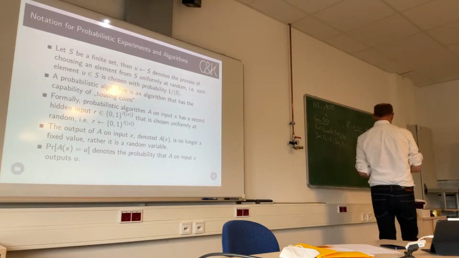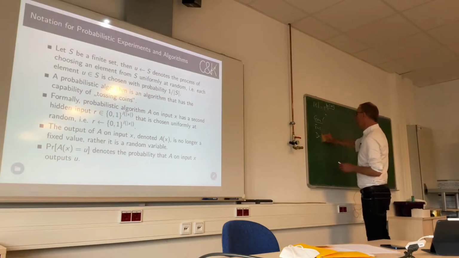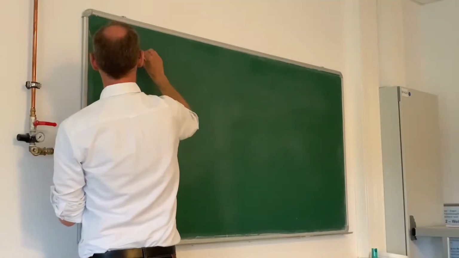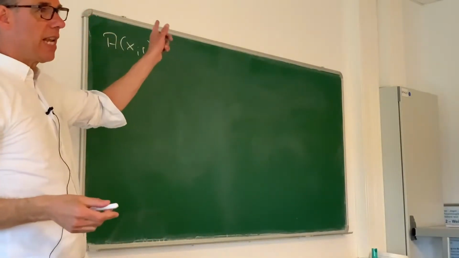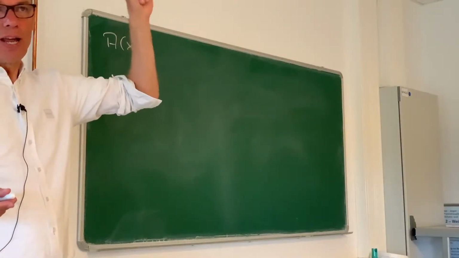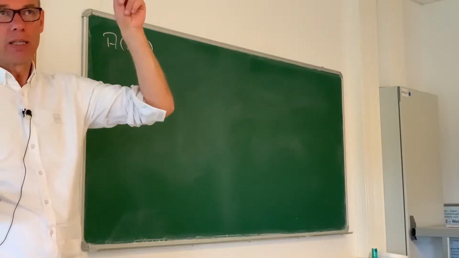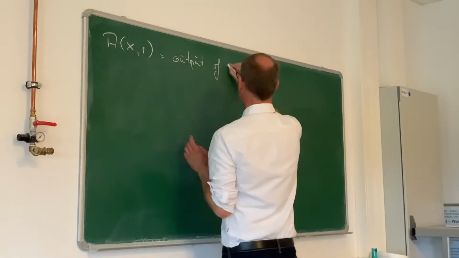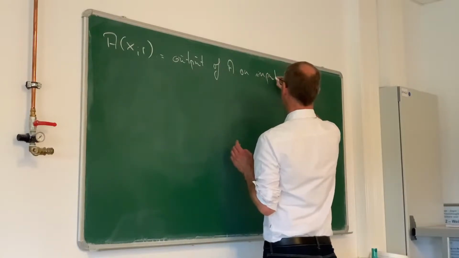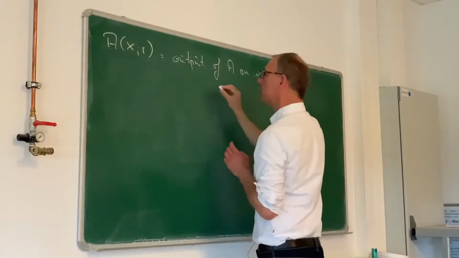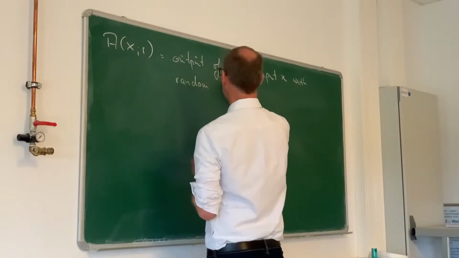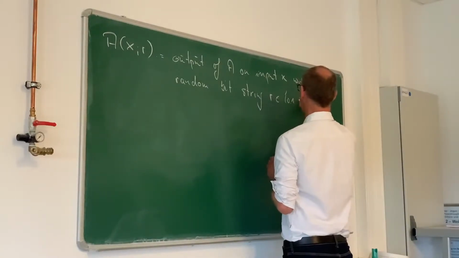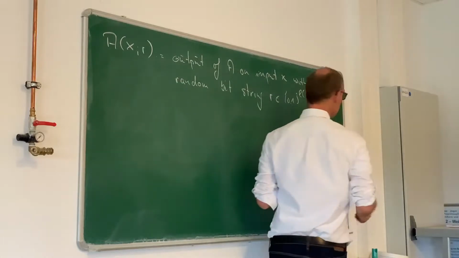Let me make that more precise, more concrete, using this notation here. What's sometimes useful is to write A(x; r) as the output of A on input x with random bit string r in {0,1}^|x|.